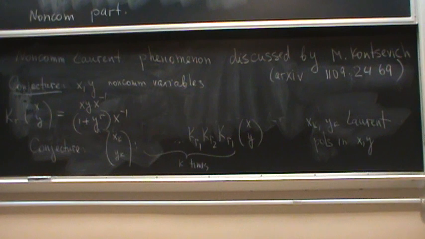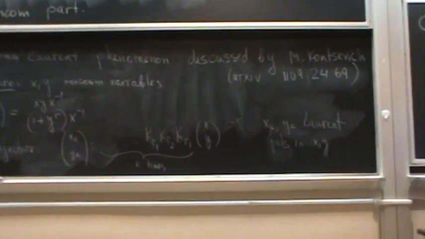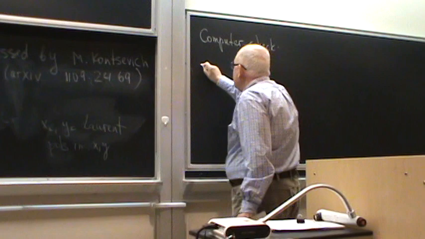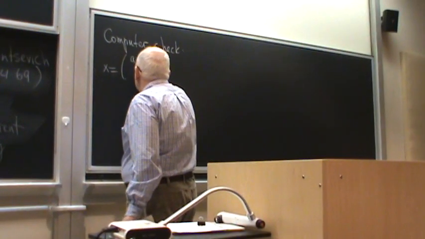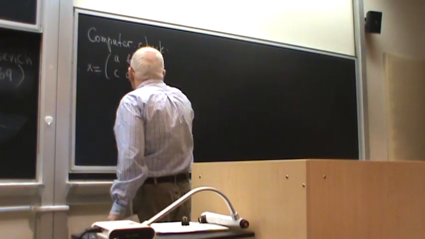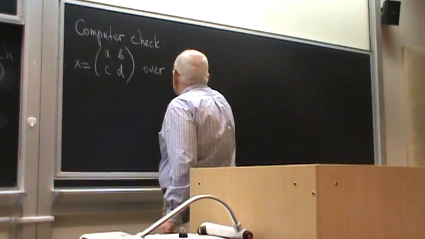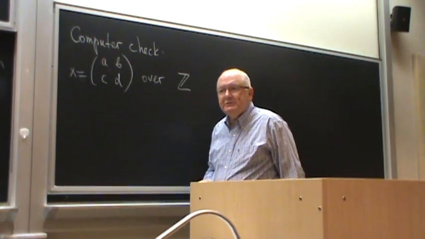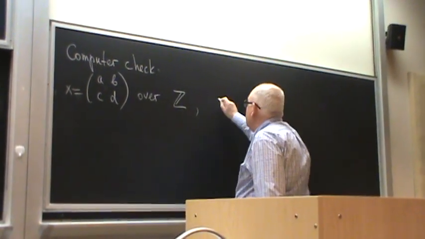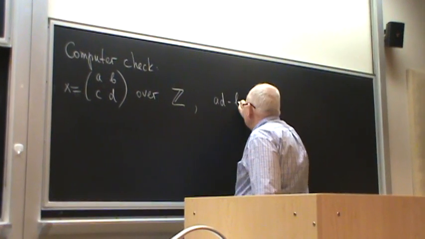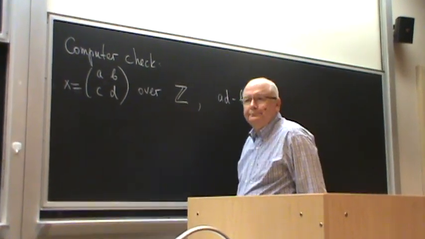So then the way to check, so that's the computer check, is the following. You assume that X is a 2 by 2 matrix with integers, and you assume that the determinant of this matrix is 1.